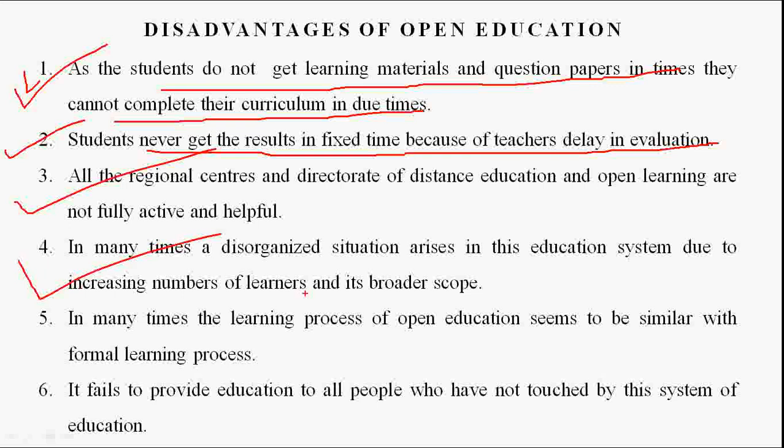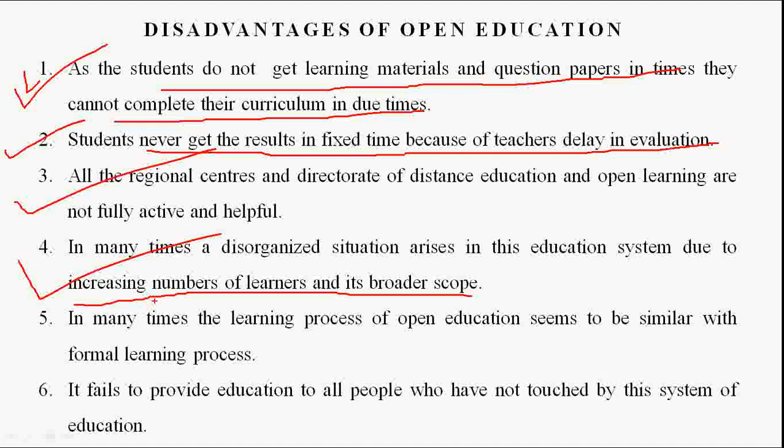Next, many times a disorganized situation arises in this education system due to the increasing number of learners and its broader scope. As we know, open education provides different varieties of programs. That means its scope is wide, and because formal educational institutions do not offer 100% seat capacity for every person, limited seats are available, so all those who want to join can't join.